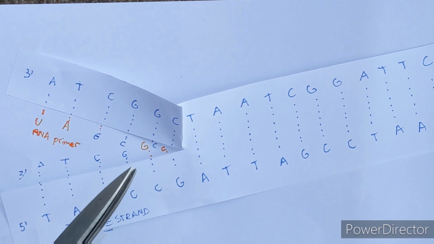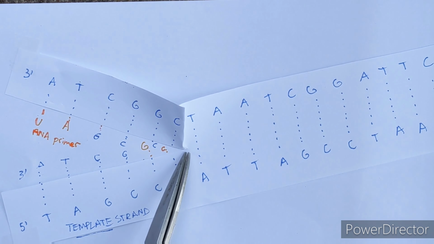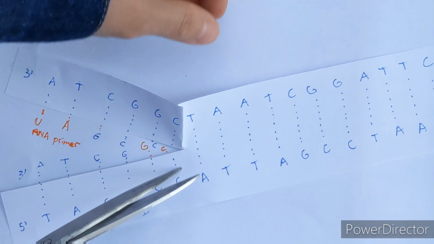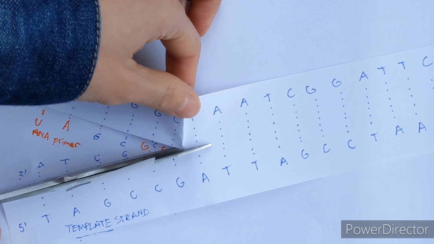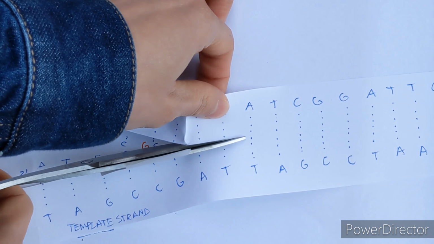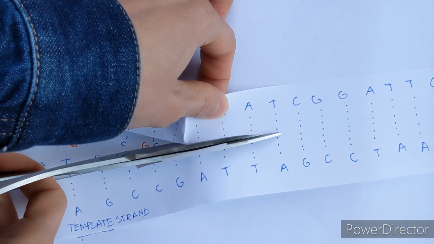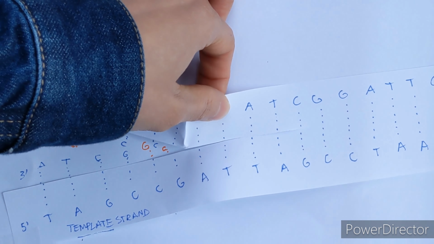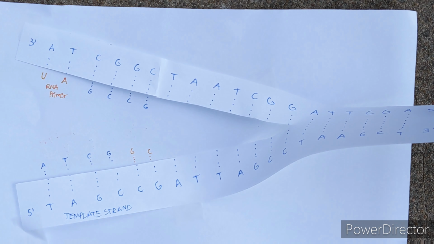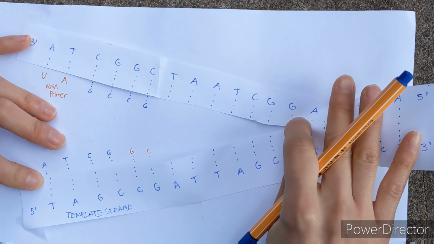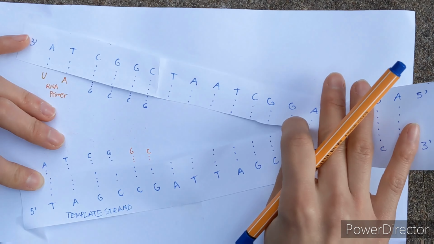Now, you may notice that we run out of room here at the replication fork, and we need our good old friend helicase to come back and keep separating the DNA strand into two template strands. So DNA helicase is going to go along his merry way, break some more hydrogen bonds between the complementary bases, and add them in. Now that helicase has opened up the replication fork even further, we might notice that an interesting problem occurs.